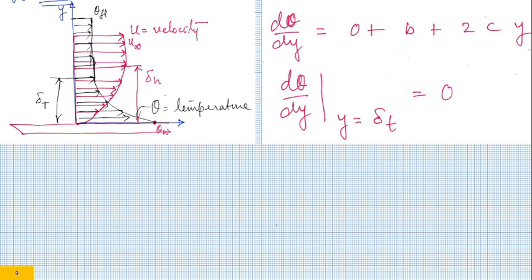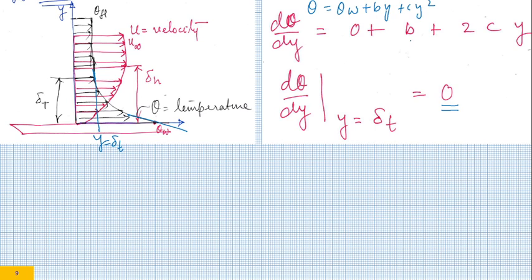What is the third boundary condition? The third boundary condition is that the slope of change of temperature, that is the thermal gradient, is 0. There is no further change. Here is the thermal gradient at y equal to 0, and here is the thermal gradient at y equal to delta T, and there the thermal gradient is 0. So I differentiate the initial equation. The initial equation was theta equal to theta W plus By plus Cy square.